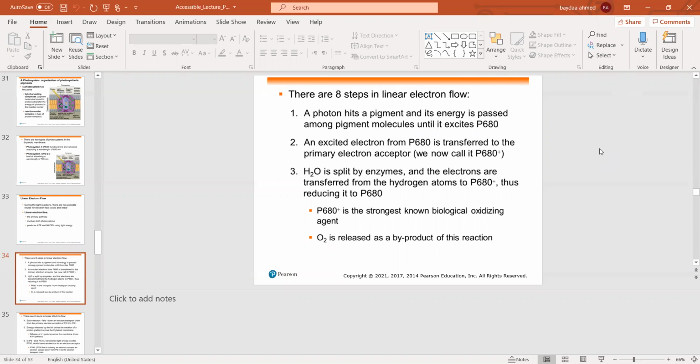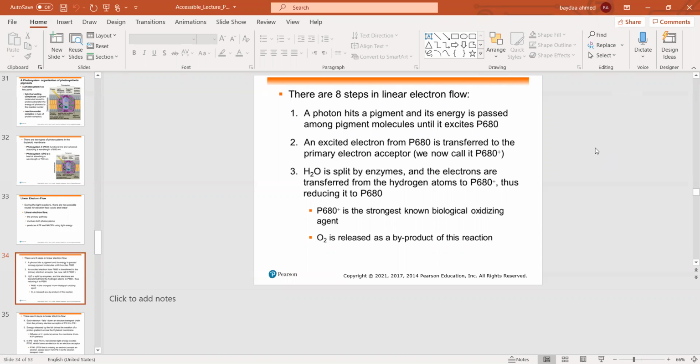There are 8 steps in linear electron flow. A photon of light strikes one of the pigment molecules in a light harvesting complex of photosystem 2, boosting one of its electrons to a higher energy level.